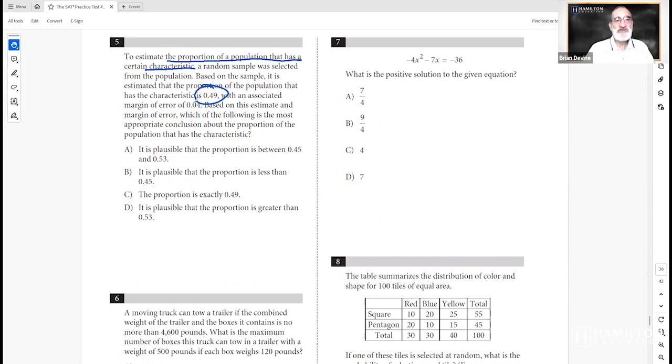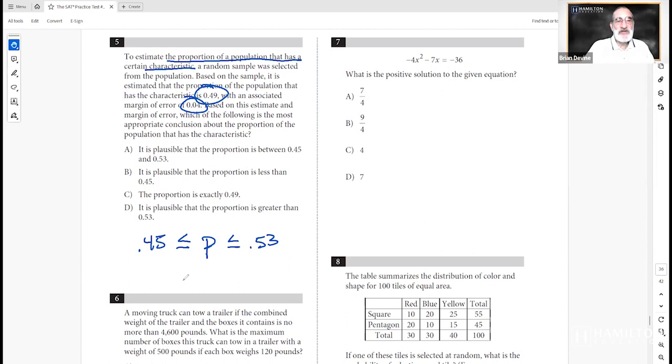And it has an associated margin of error of 0.04. And so this proportion should be between 0.49 plus 0.04, or 0.53, and 0.49 minus 0.04, which would be 0.45.